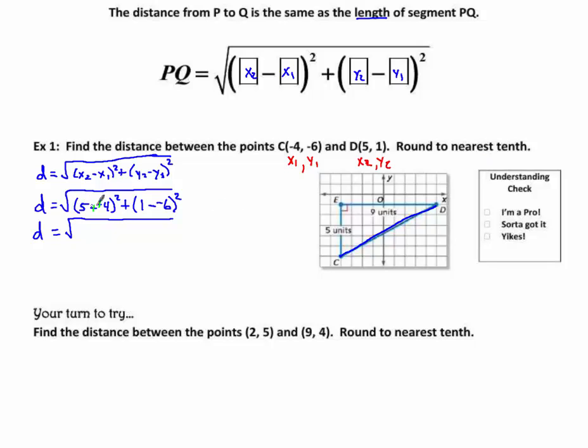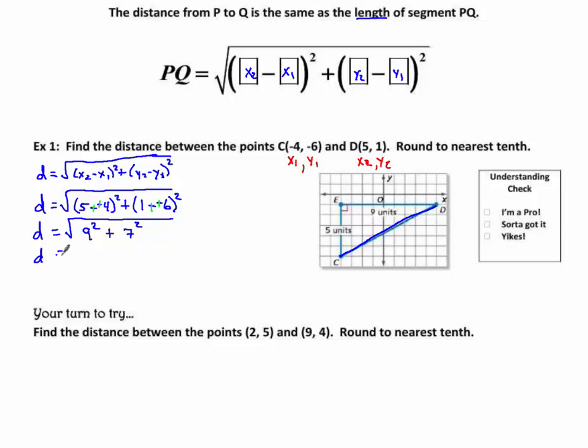So that's really 5 plus 4, which is 9, plus 1 minus negative 6. Well, another negative makes it positive. So 1 plus 6 is 7 squared.